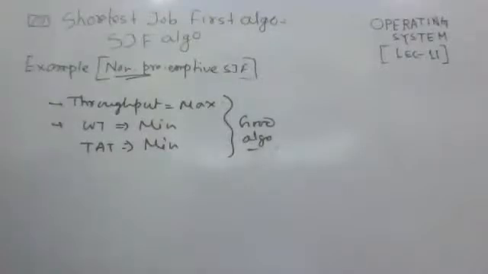And here a starvation problem exists, starvation for longer processes. In terms of efficiency it is a good algorithm, but we can't practically implement it because burst time cannot be known ahead. So this is all about the shortest job first algorithm.